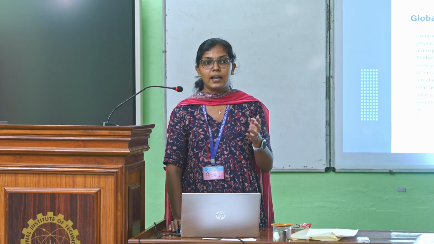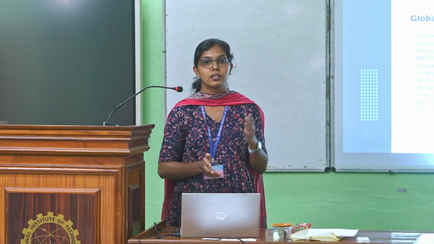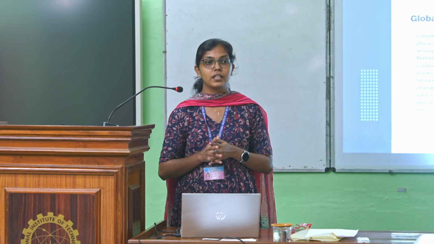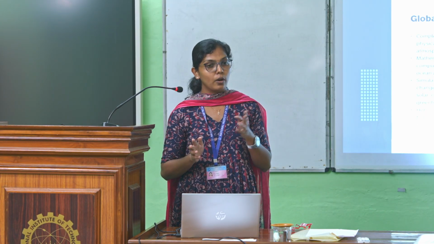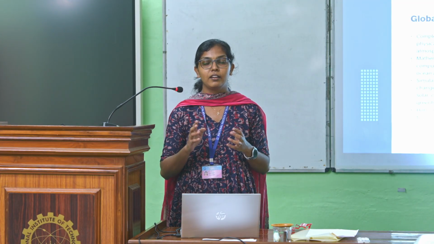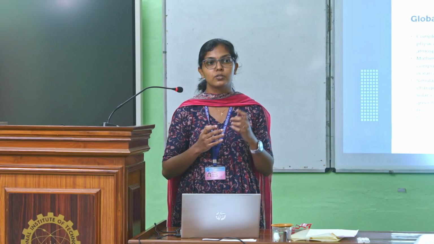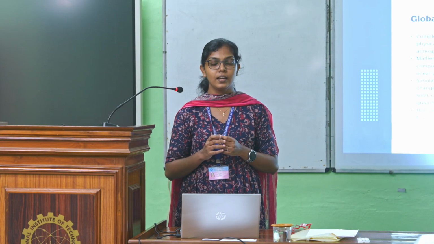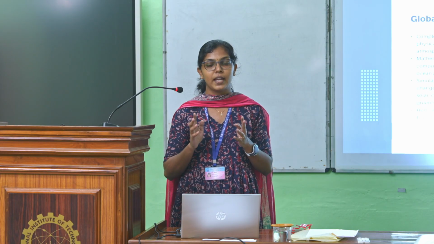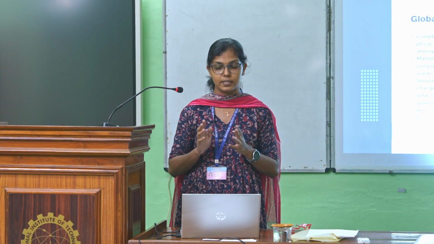The main challenge we are facing with this global circulation model is its resolution. It is very coarse, around 250 to 600 kilometers. It's like we are trying to analyze the monsoon patterns in Calicut city considering Kerala as a single point. So that is the main challenge we are facing with this GCM data.